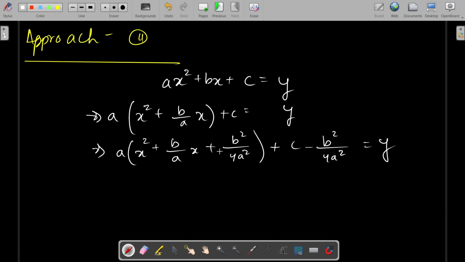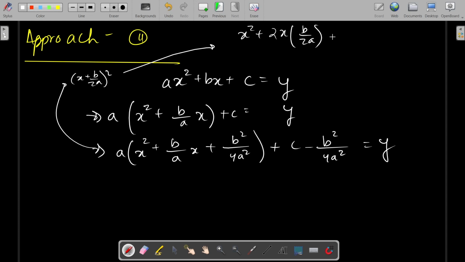But why did I even add this? The thing is, I'm trying to create a perfect square here, which is going to be x plus b over 2a, squared. If you try to square this, we will get x squared plus 2 times x times b over 2a, plus b by 2a whole squared, which is b square by 4a square.